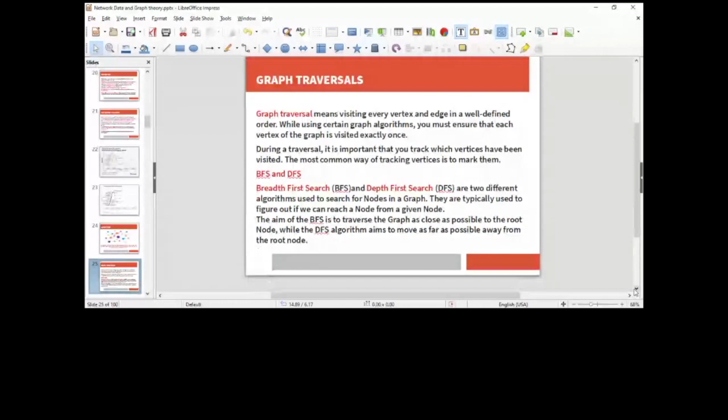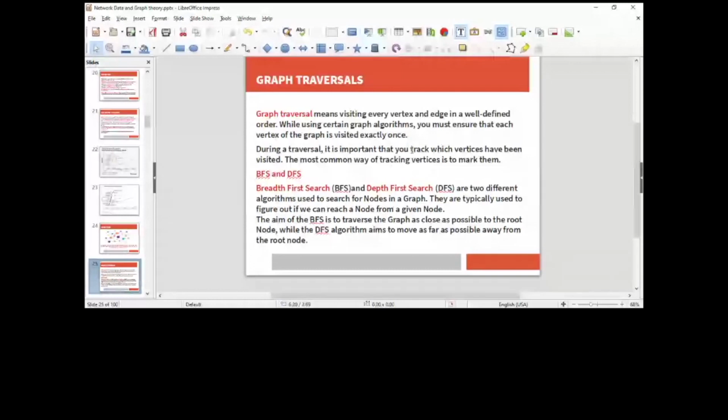We have what we call graph traversals, which are a means of visiting every vertex and edge. Your algorithms must visit every node or edge, every vertex and edge, in a well-defined order.